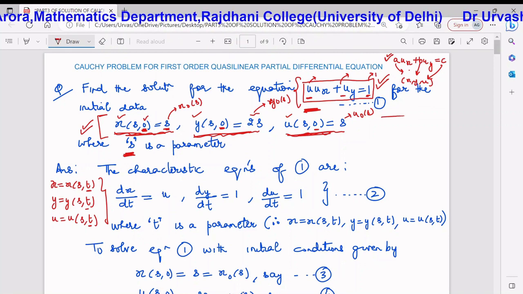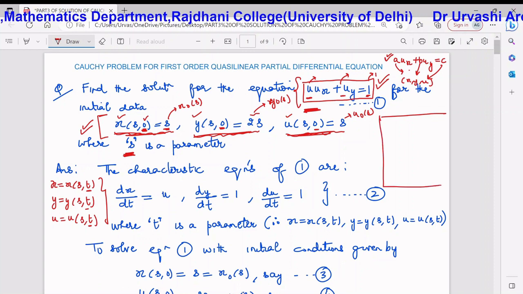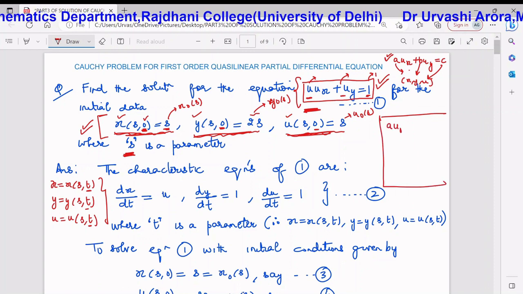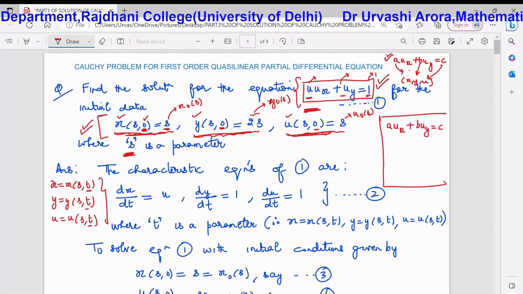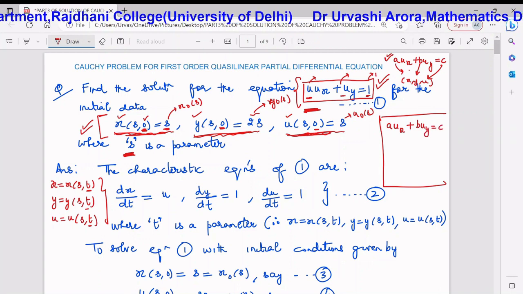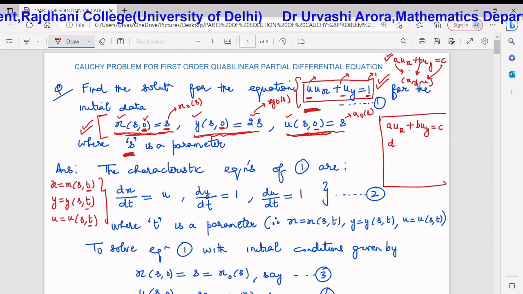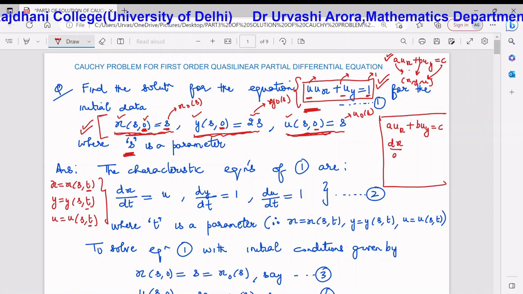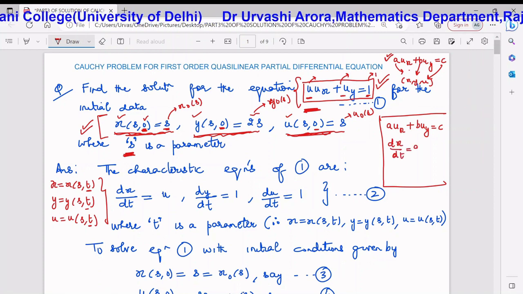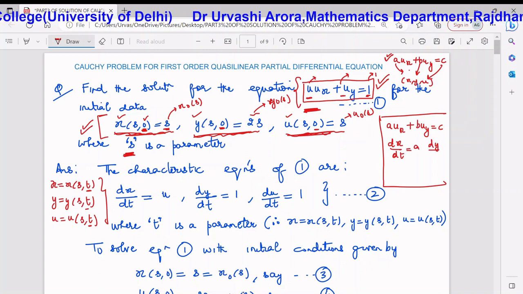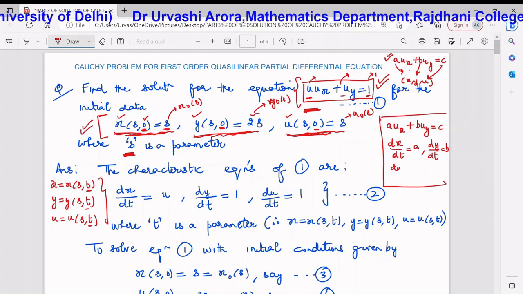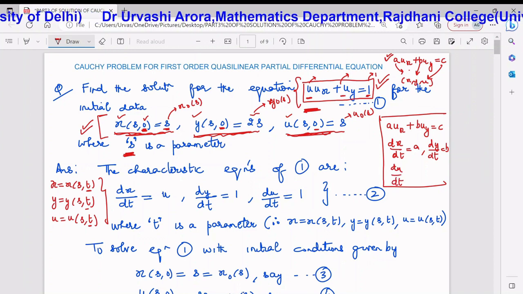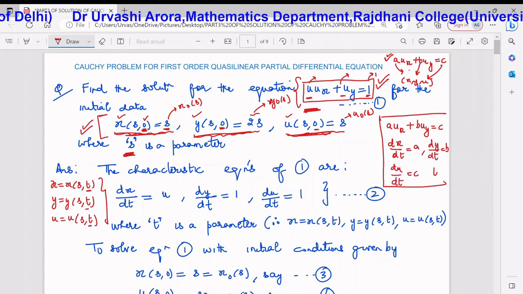Let me just recall, when you are given a first order quasi-linear partial differential equation of this type, a u_x plus b u_y is equal to c, then the characteristic equations in parametric form are dx by dt is equal to a, dy by dt is equal to b, and du by dt is equal to c, where t is a parameter.